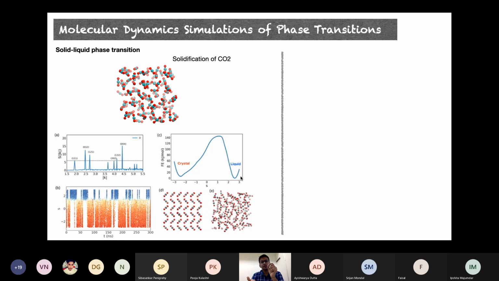If you are moving toward the solid phase, then the crystal will get stabilized. If you take delta G equal to G crystal minus G liquid, then it will be positive. So depending on the temperature and pressure and how far you are from the coexistence line, this free energy profile will change. The minima will change.